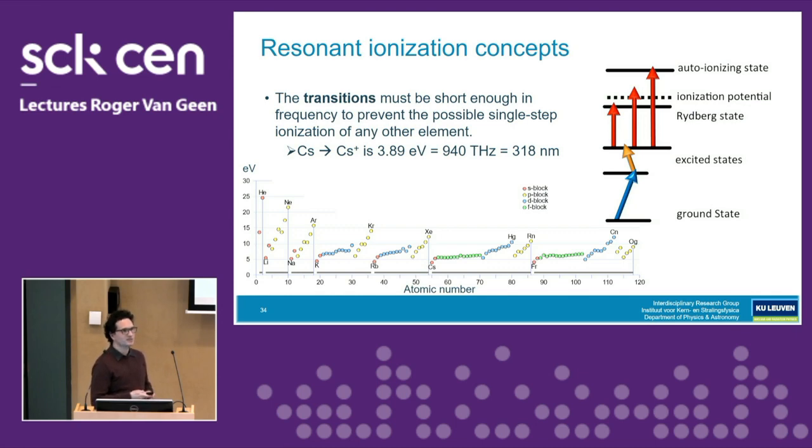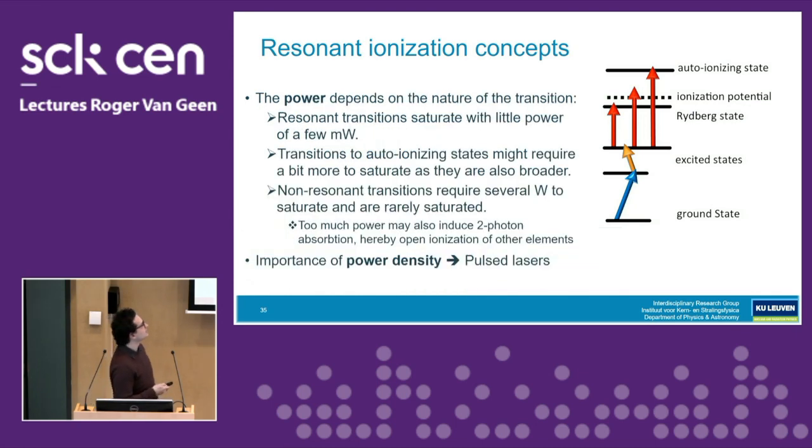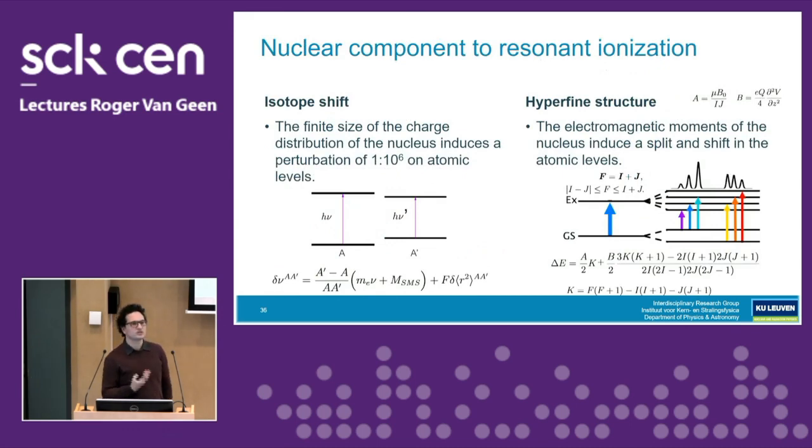So 1 part in a million is not something you can actually neglect. It is something you have to consider carefully. And if you look at the size effect, here you have the full equation for it with the charge distribution coming in there, but also mass effects coming in here. And basically what it does is it perturbs all the levels differently, but in the end what you see is a change in your transition frequency.